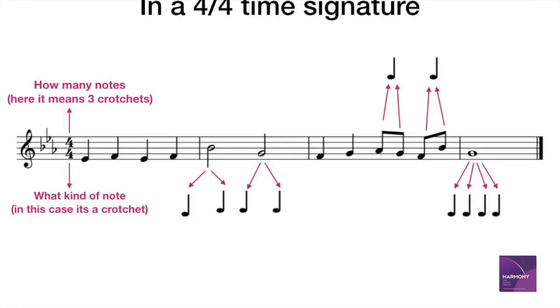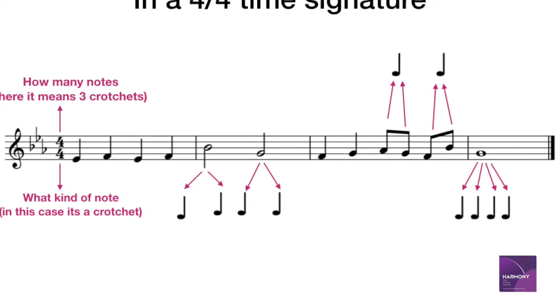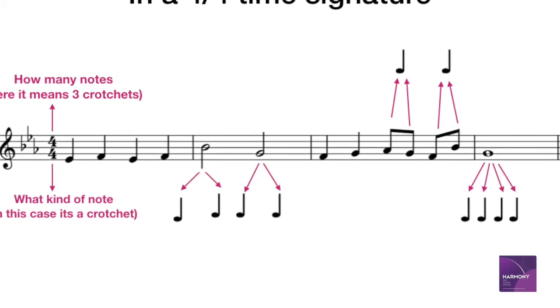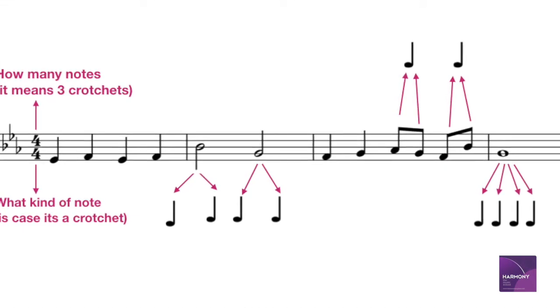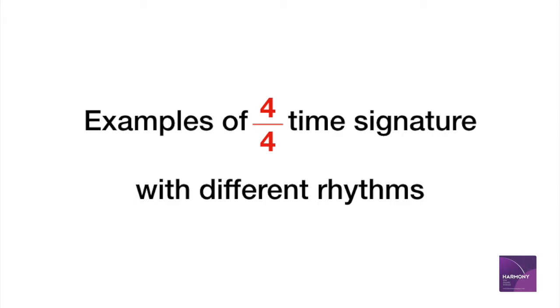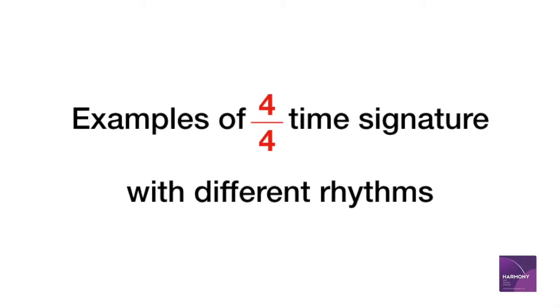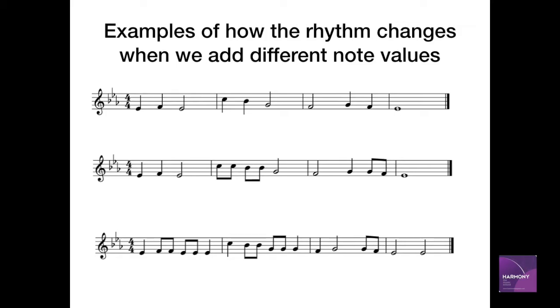Now again, I can have 4 crotchets in a bar, or I can have 2 minims in the bar, or I can have 2 crotchets and 4 quavers in a bar. We'll hear a couple of different rhythms that fit in the same time as a 4/4 or common time.